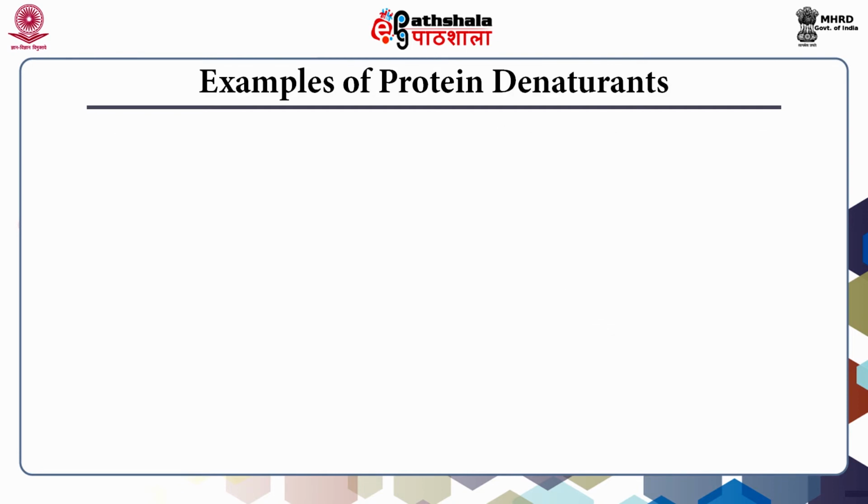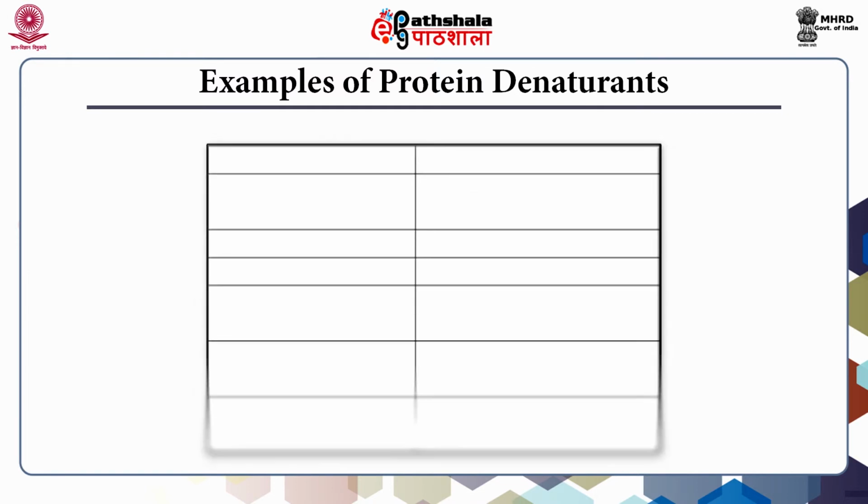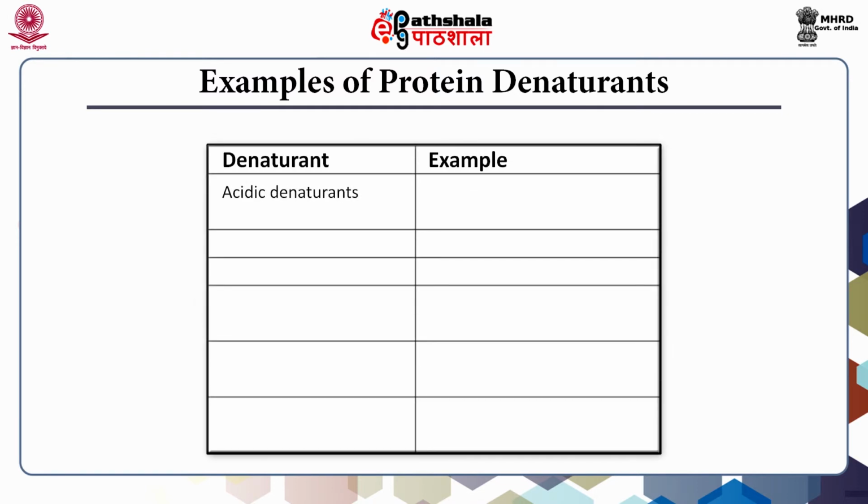Examples of protein denaturants. So far, we saw the various types of factors which influence protein denaturation. Here, we will look at a few examples of protein or enzyme denaturants. Acidic denaturants include acetic acid or trichloroacetic acid.